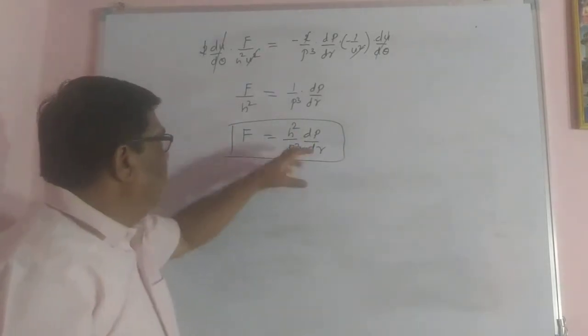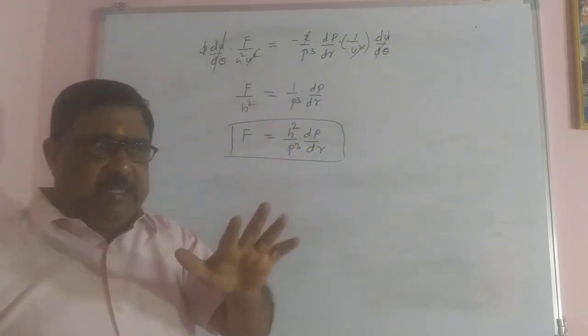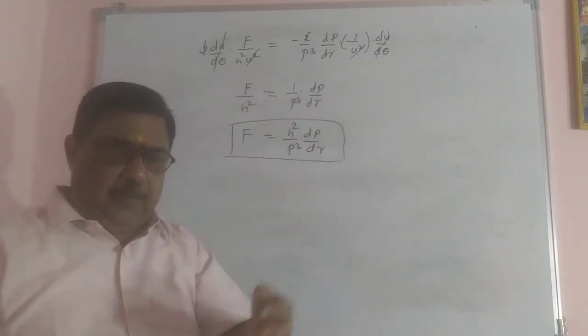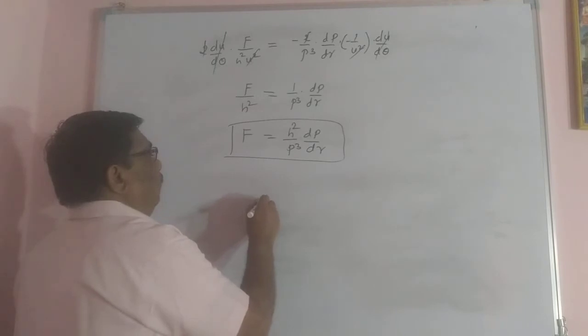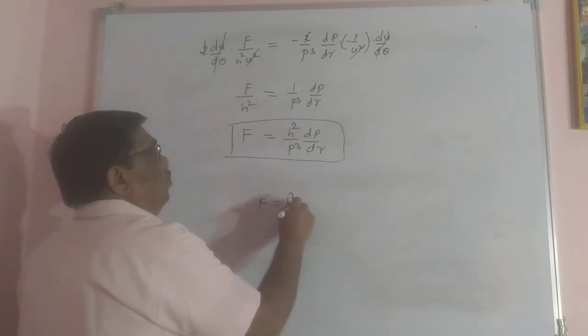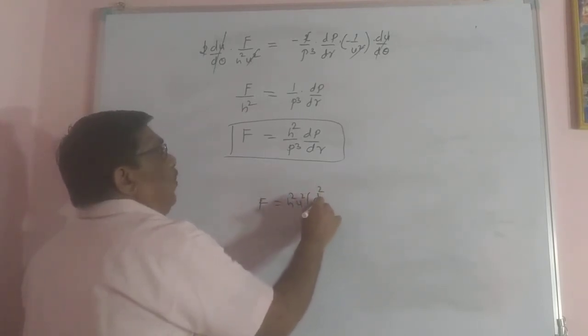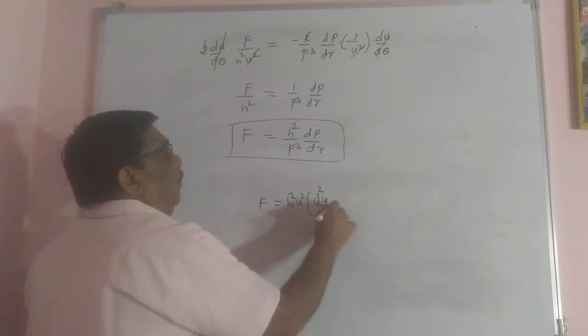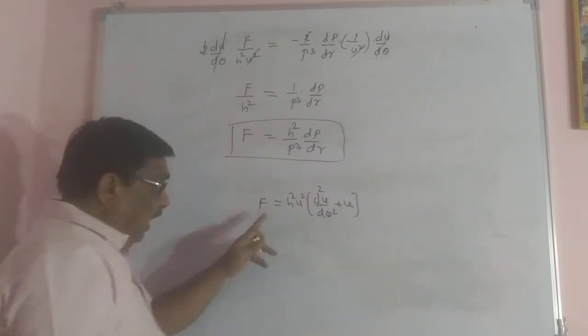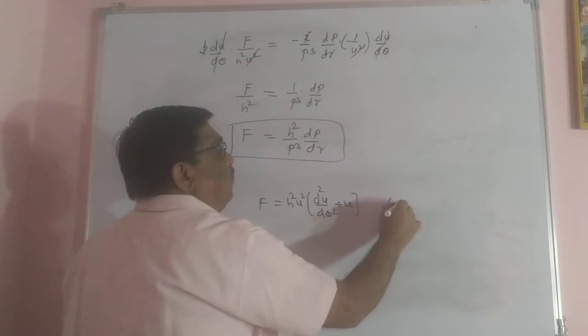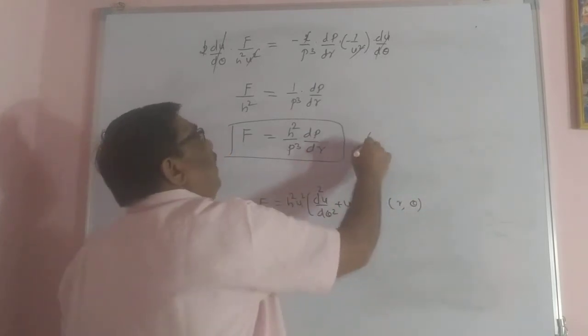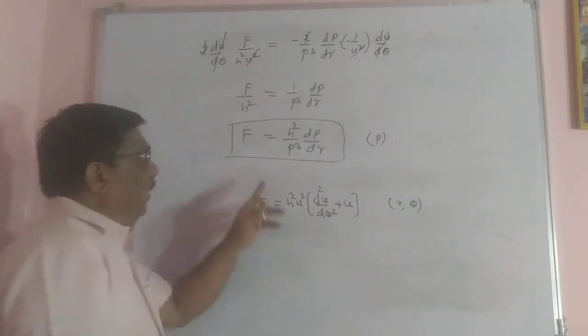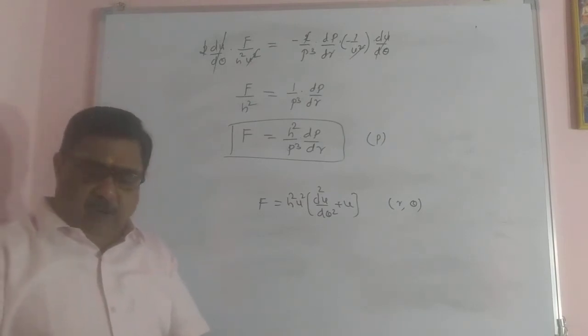When r and theta are given, you apply the first formula, that is F equal to h square u square into d square u by d theta square plus u. That is to be noted.